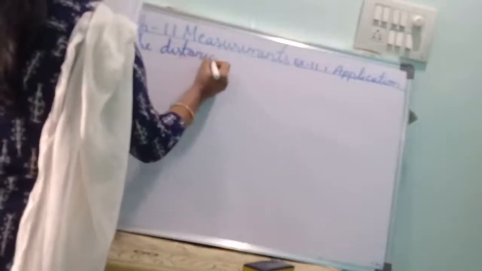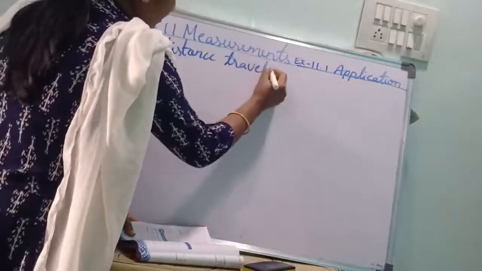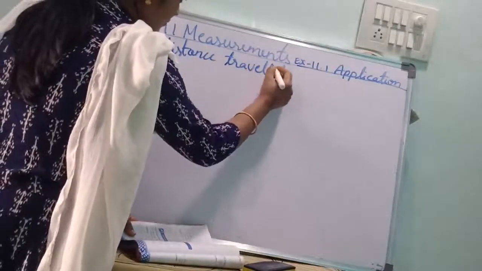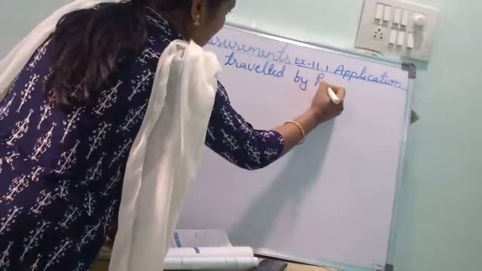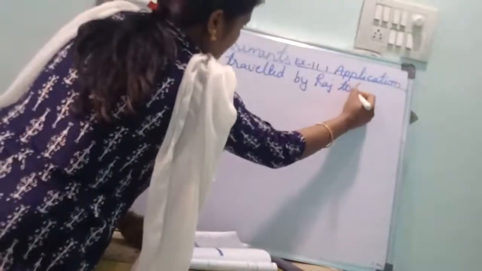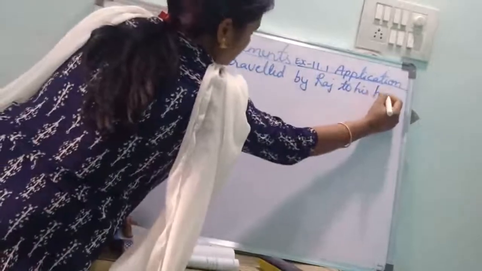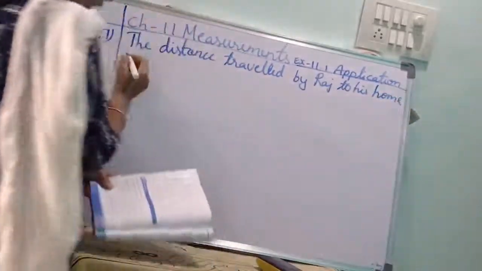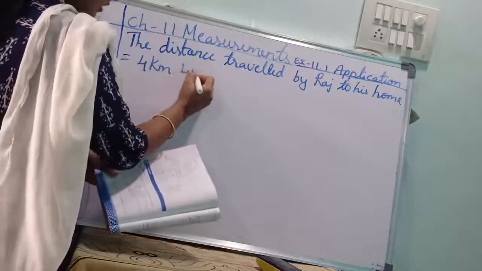Then the distance travelled by Raj to his home is equal to 4 kilometers 4 meters.